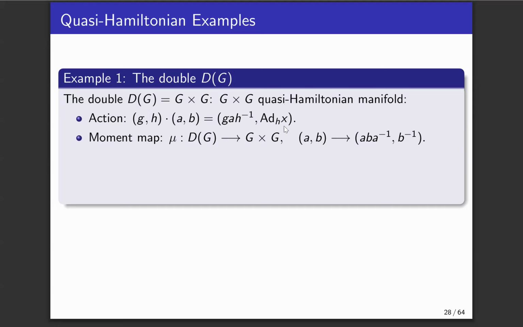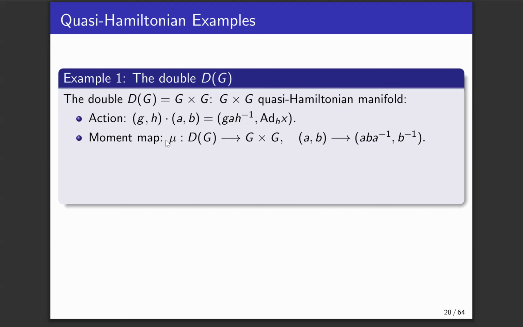And then we have the adjoint action of H on B. Sorry, I wrote X, but actually it's not X, it's B. So we have the Ad applied to B, not to X. Sorry for this misunderstanding.